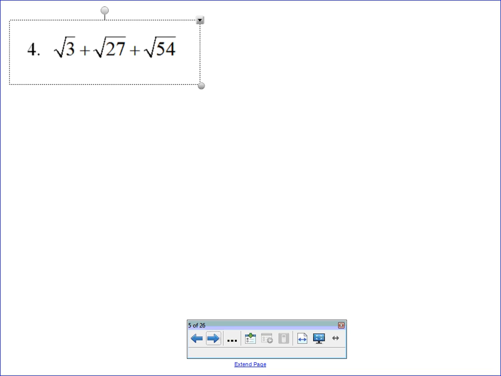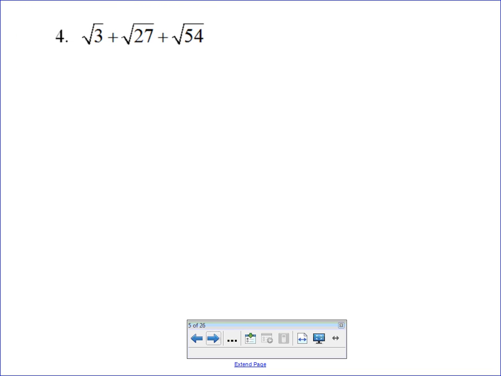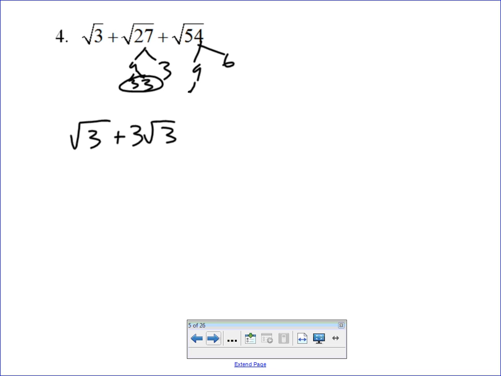All right. Now, we can multiply things that are inside the radicals, but we cannot add them. The only thing we can do is add what are known as like radicals. And so here, what we'll do is we'll simplify each one of these radicals. So the square root of 3 plus 3 times the square root of 3 plus 3 times the square root of 6.